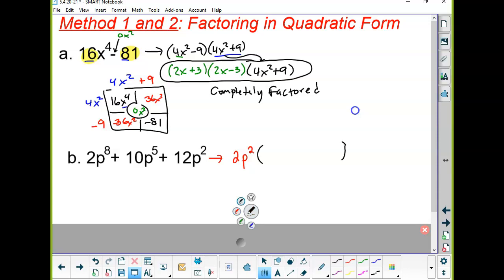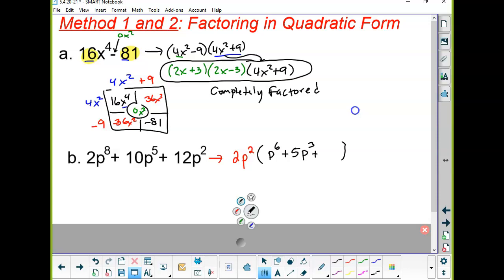And then what's left over, if I take a 2p squared away from p to the 8th, I would get a p to the 6th left over. And then if I take a 2p squared away from 10p to the 5th, I would have a 5p to the 3rd.